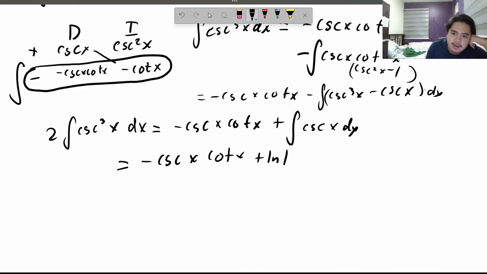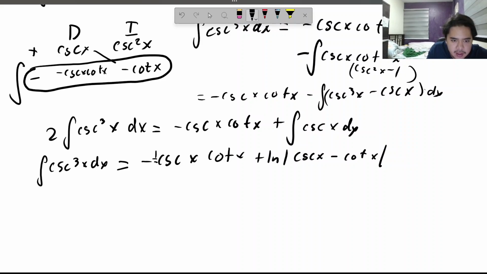Plus ln of cosecant x minus cotangent x. You have to multiply the cosecant x minus cotangent x, numerator and denominator, and then you can find that. So that's all good. But there's 2 in here, so we have to multiply by 1/2 on both sides. That's easy. So negative 1/2 here, 1/2 here, and there we go.